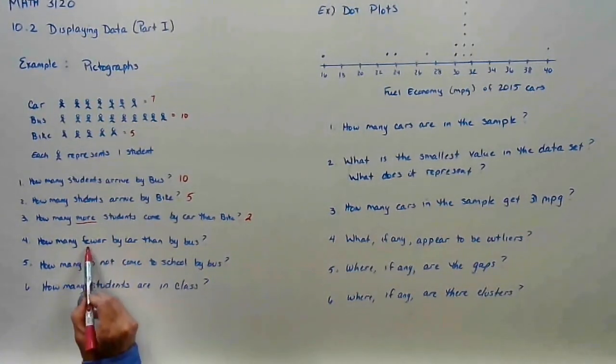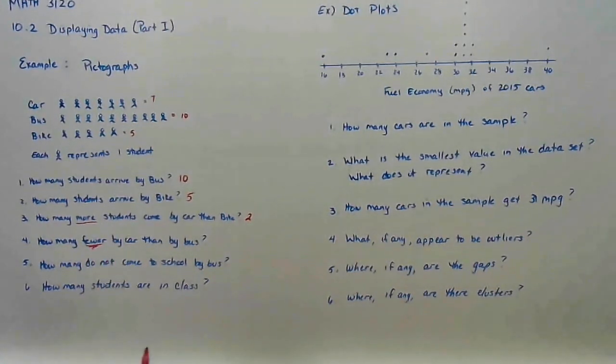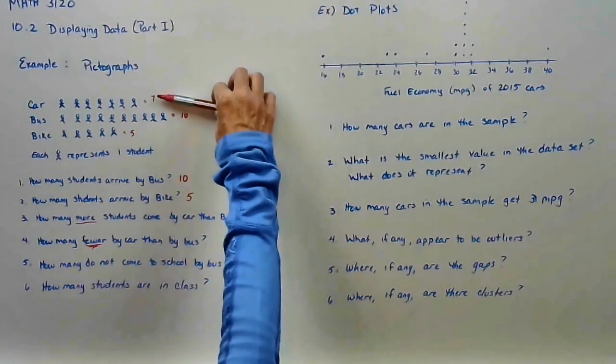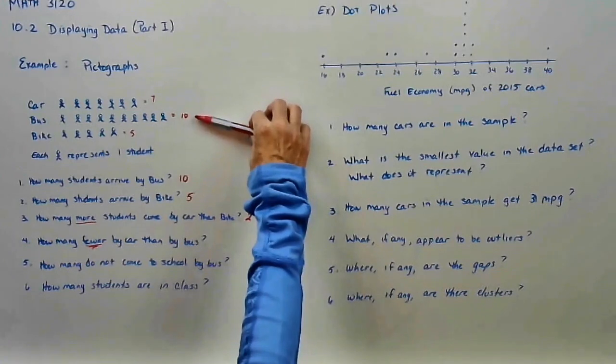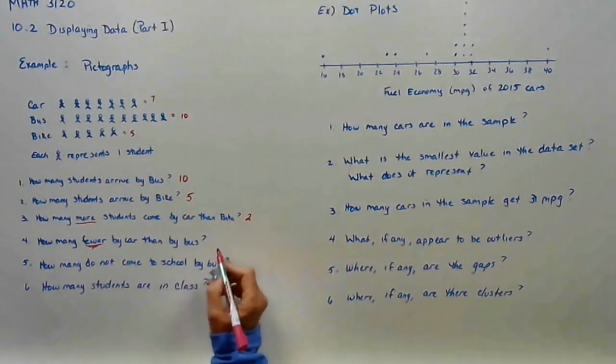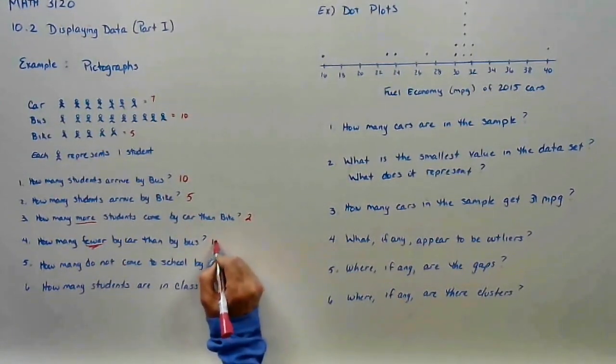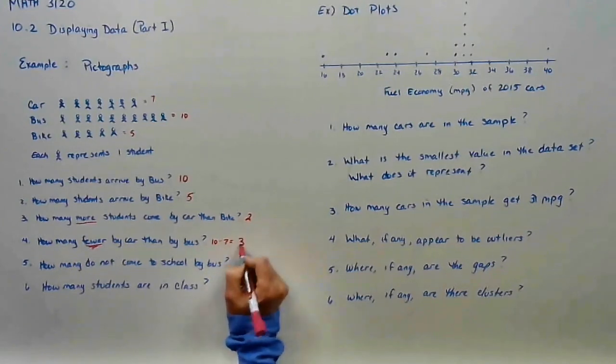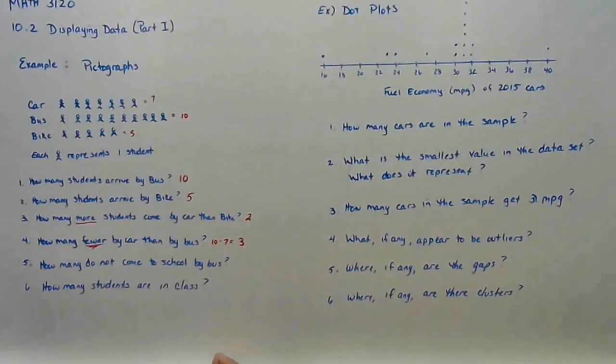And again, number sense. How many fewer come by car than by bus? Well, car has 7, but bus has 10. So there are 3 fewer people because 10 minus 7 gives us 3. How many do not come to school by bus?